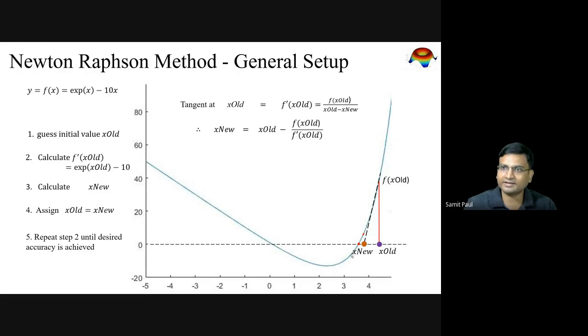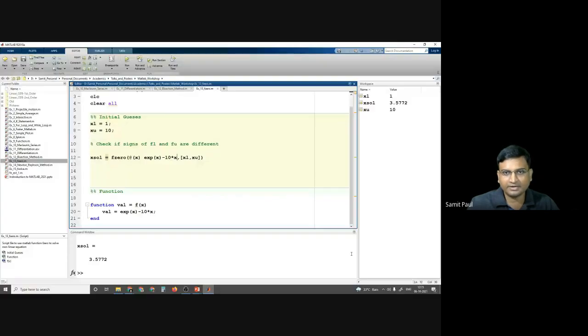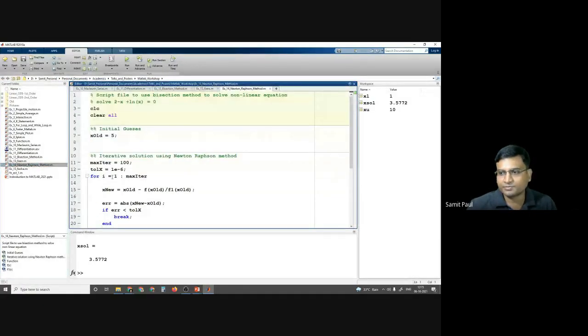Moreover, if you had taken a guess bracket which contains 2 or an even number of roots, then also the program fails. But that doesn't happen here generally. So this is the last program that I'm going to demonstrate.